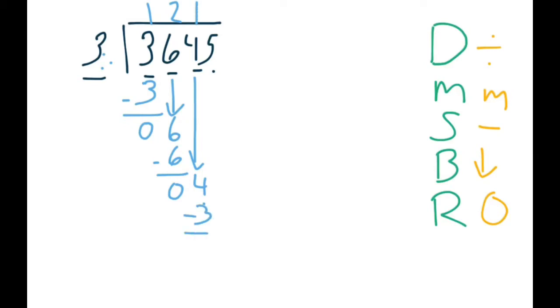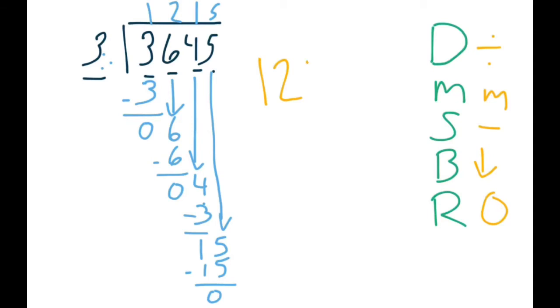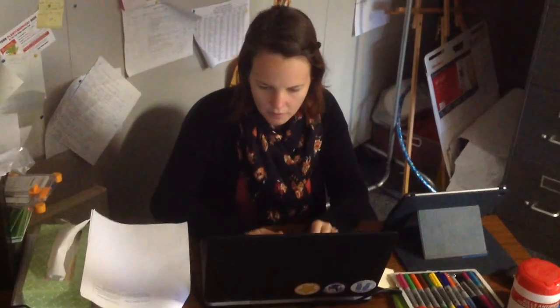We subtract, we have 1. Since 3 can't go into 1, we bring down the 5. And now we have 15. 3 goes into 15 5 times. Subtract, our answer is 0. So our answer is going to be 1,215 with no remainder. Alright, we're through.